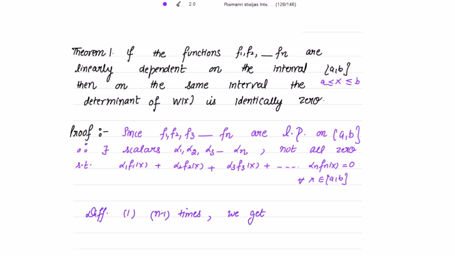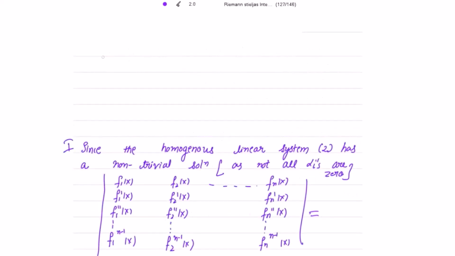Now to get the Wronskian, I need to find out the derivatives, right? And so I will differentiate this identity n minus 1 times. So let me write down first just the identity.